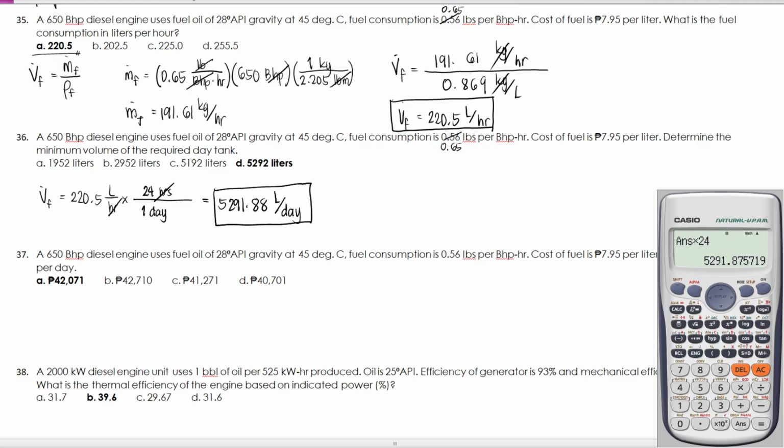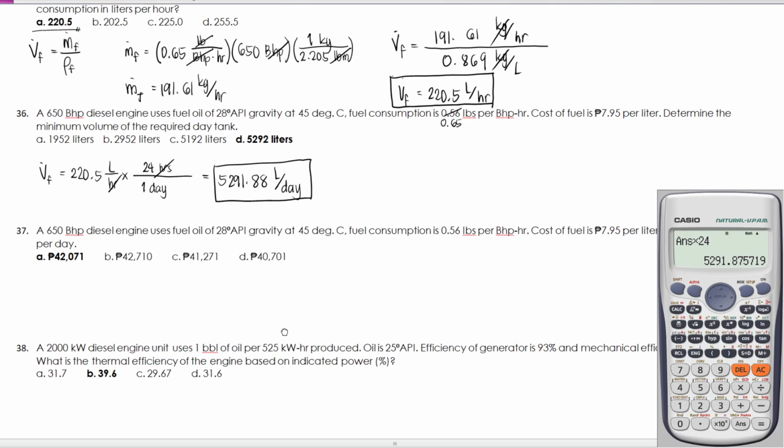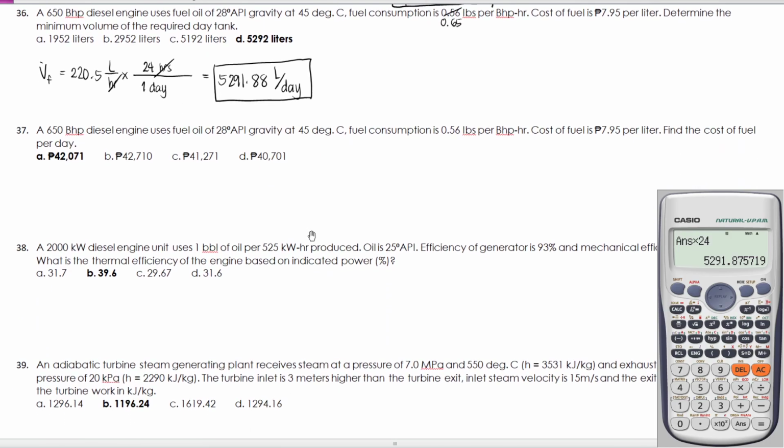Next item, so for problem number 36, again, iangat lang ulit natin. At ganun ulit, instead of 0.56, this should be 0.65. But for problem number 37, so ang hinahanap naman natin ay cost of fuel per day.